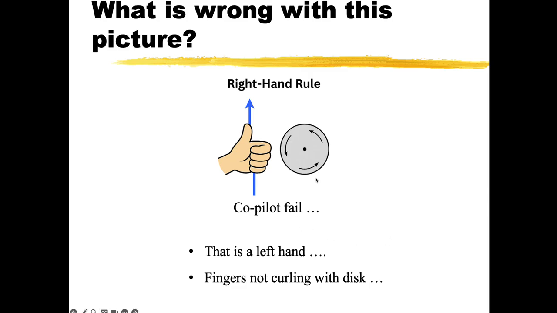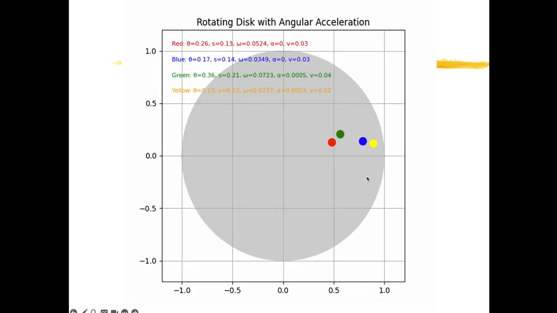So if I take my right hand and spin counterclockwise, my thumb's pointing straight at me, right? If this is the disc and it's spinning like this, that vector should be pointing straight at me, and this is way not doing that. So a couple of big fails here with Copilot's attempt to animate that.